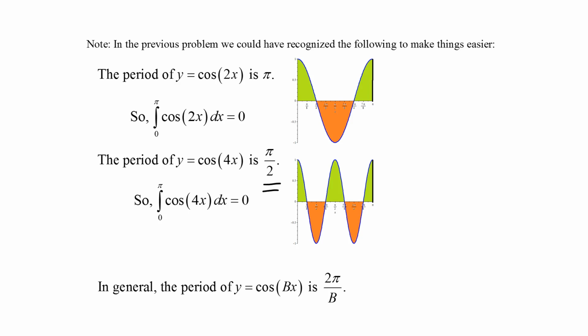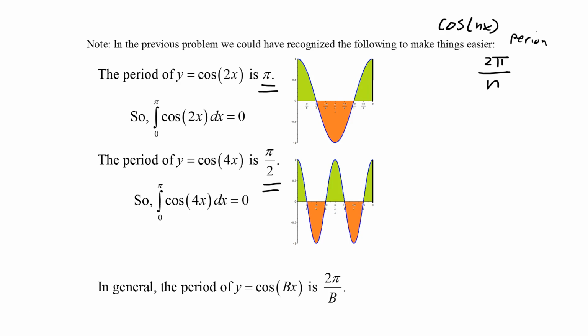The period on cosine of 2x is pi. The way you get the period is you take the old period and you divide by the multiplier. If you're looking at the cosine of nx, the period on it is 2 pi over n.